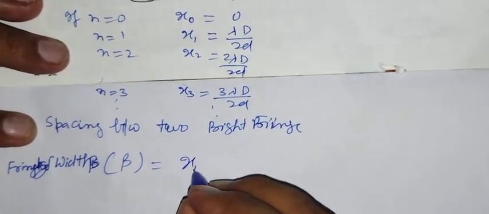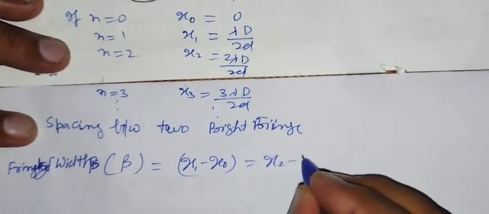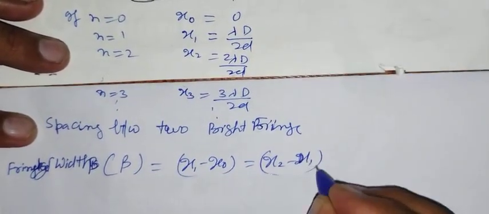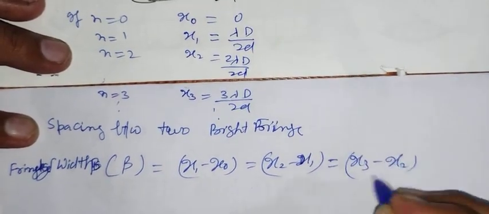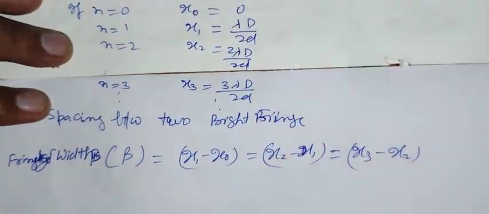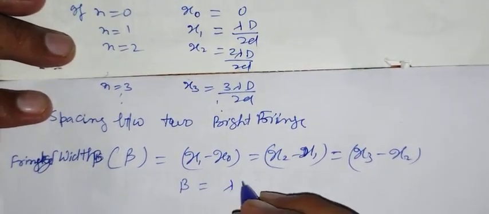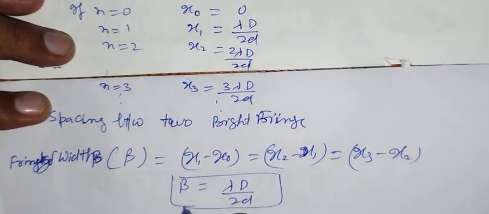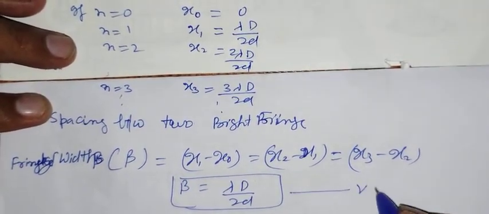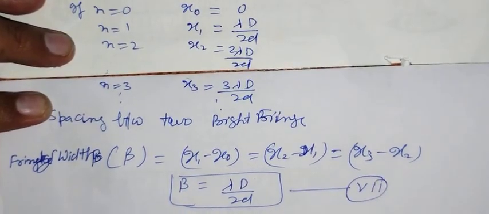It is x1 minus x0, or x2 minus x1, or x3 minus x2. When we subtract it, this beta becomes only lambda capital D by 2d, and it can be represented as equation number 7.